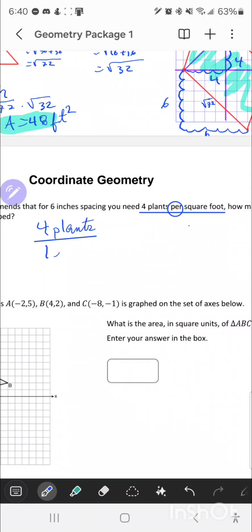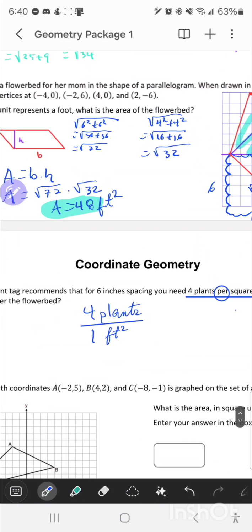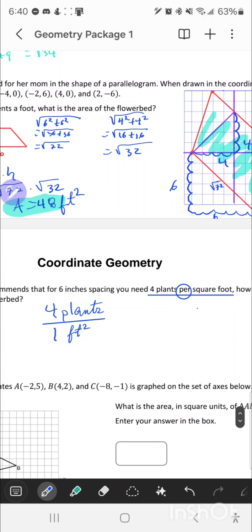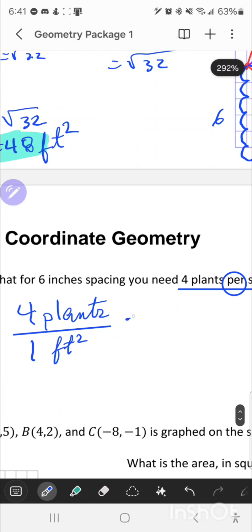So 1 square foot. This is what the problem says. And we have that our area is 48 square feet, so I'm going to multiply it times 48 square feet.